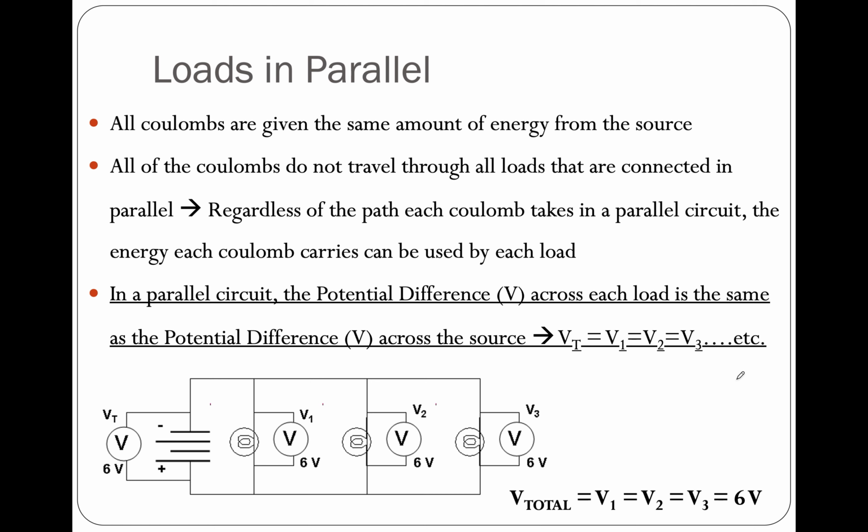Now let's do the same thing and talk about the voltage. All coulombs, all the charge, are given the same amount of energy from the source. So what does that mean? In this case, the voltage is the exact same at every single load in a parallel circuit. So what have we done? We've flipped the definitions.